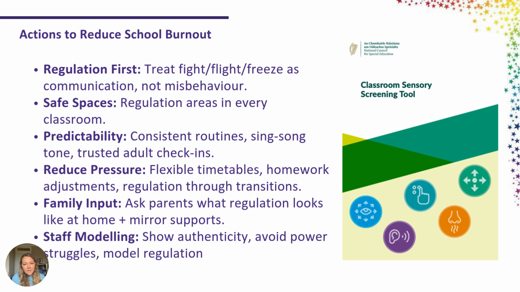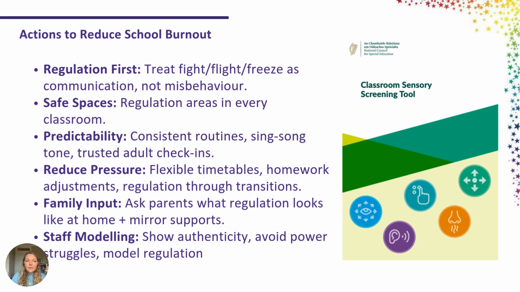So how can we create that in school? We can have those safe spaces, we can have the cause and effect in those safe spaces, and we can meet the regulation needs. This is all providing the same input. The more a child seeks screens, the more we know they're seeking that safety and predictability, and we need to meet the regulation needs. And then we want to model it as staff.